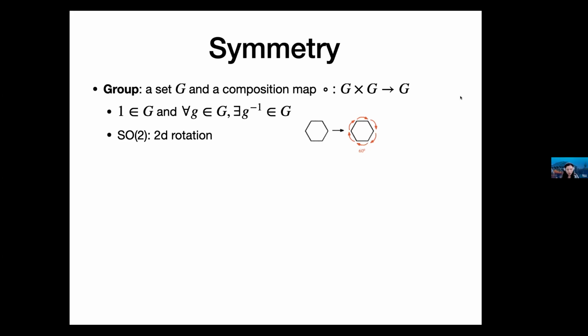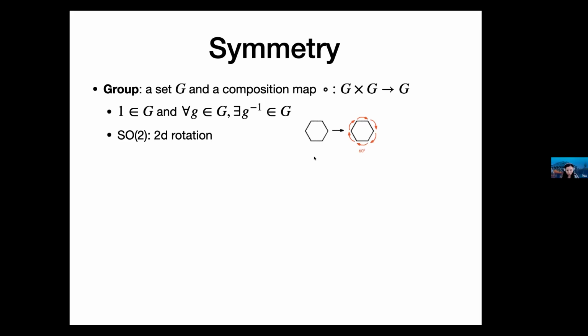We know that the identity is an element in this group, and for every element in the group, there is an inverse, G inverse. An example of a group is 2D rotation, the SO(2) group. This is a crude approximation of SO(2). When we rotate this object by 60 degrees, we can always rotate it back, and that's the inverse operation.